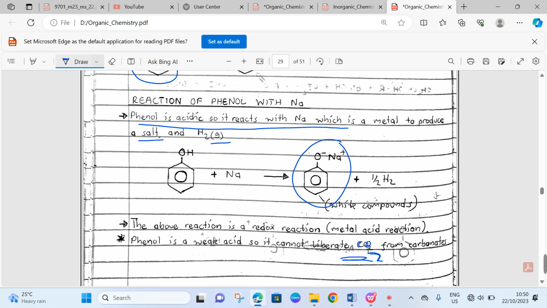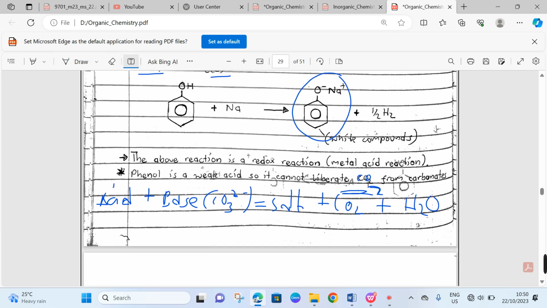We usually know that acid plus base carbonate produces a salt plus CO2 plus H2O. But phenol is a weak acid. It cannot produce this kind of reaction. That's why it cannot liberate carbon dioxide from carbonates.